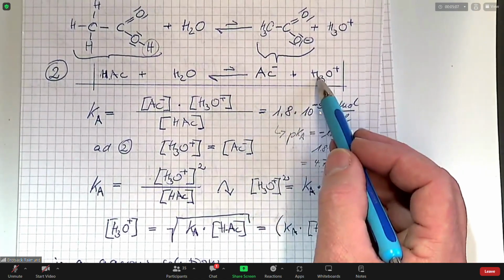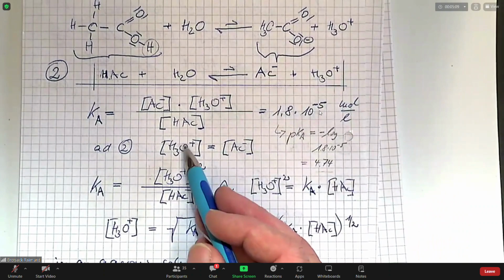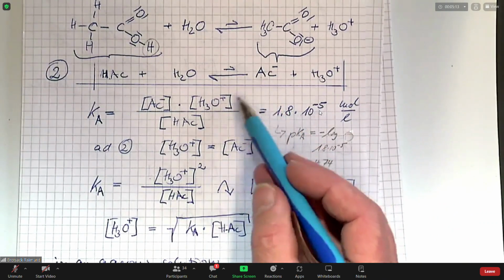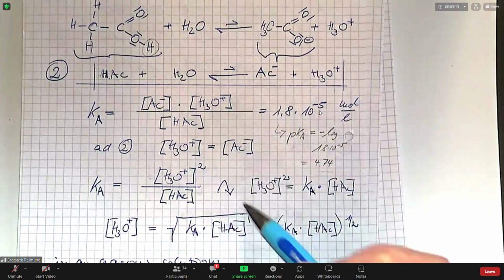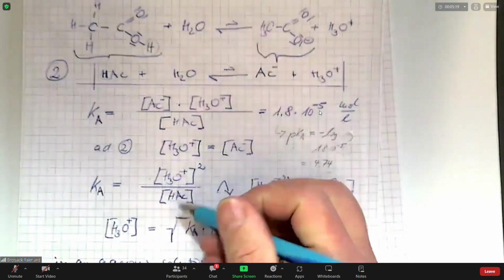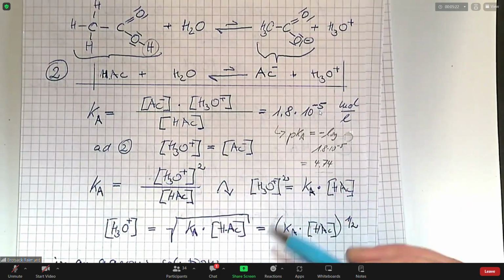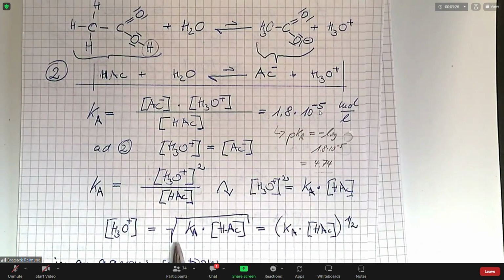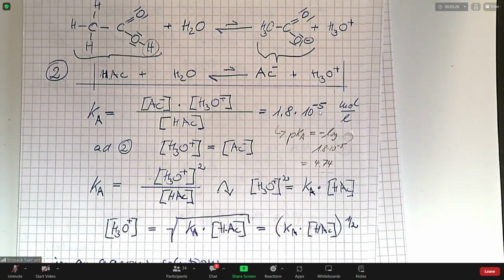That's why we can say H3O+ is equal to the A- concentration. And when we integrate that into this, we have H3O+ squared over the HA concentration, or the H3O+ concentration is the root of Ka times the concentration of HA.